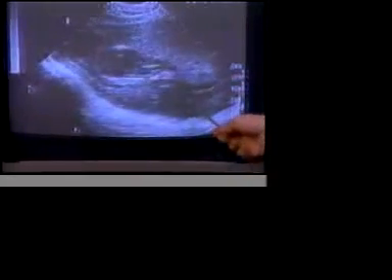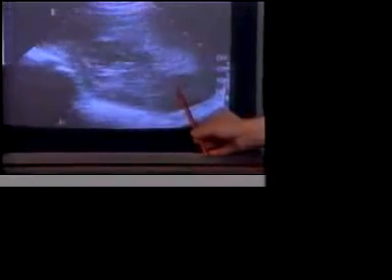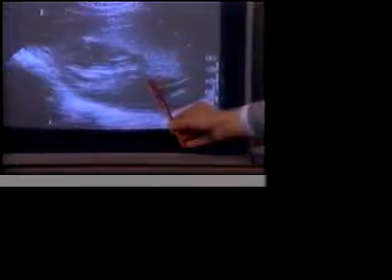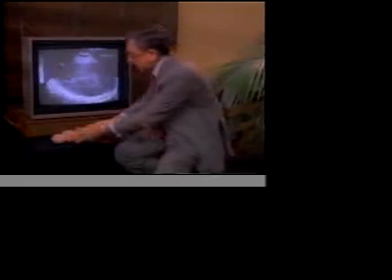The lower extremities have already been lost, and we see the suction tip flashing from time to time in the screen as a typhoon-like series of echoes, and the child is being tugged back and forth as the suction tip has now been applied to the body, and the abortionist is exerting his traction on the child in this manner.